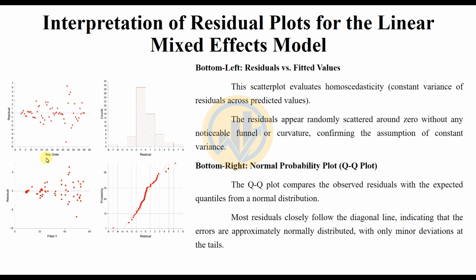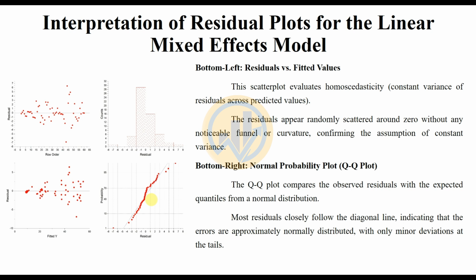So the next one, the bottom left, is the residual versus fitted plot. The scatter plot evaluates homogeneity, constant variation of residuals across the predicted values. The residuals appear randomly scattered around zero without any noticeable funnel or curve, confirming the assumption of constant variation. The next one, the bottom right, is the normal probability plot, the QQ plot.